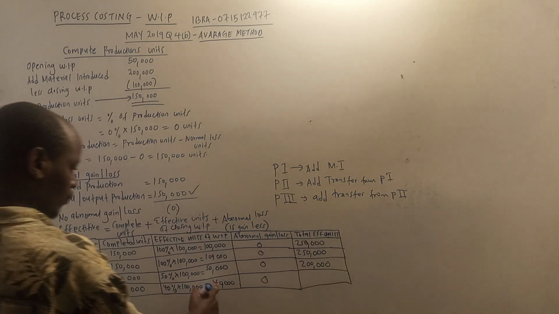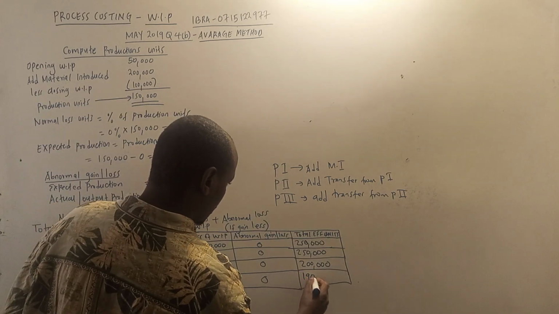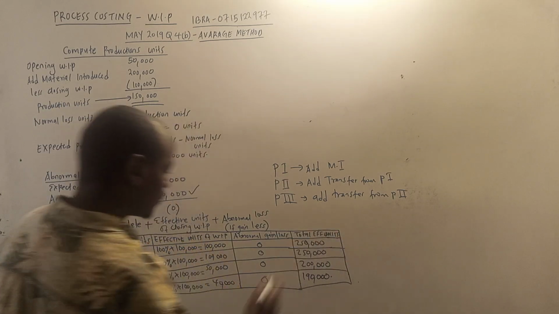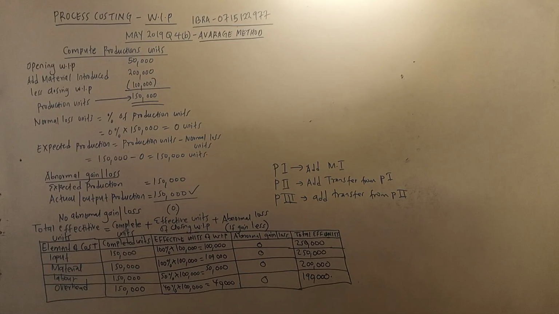Then 150 plus 40, that one is 190,000. So that is how you get the statement of equivalent units. So that is for part A.